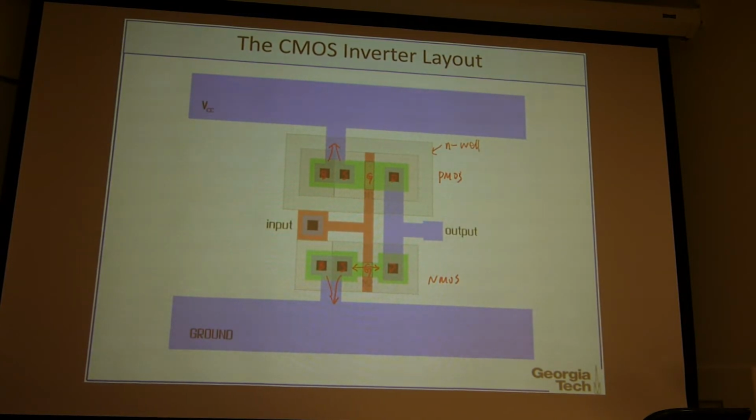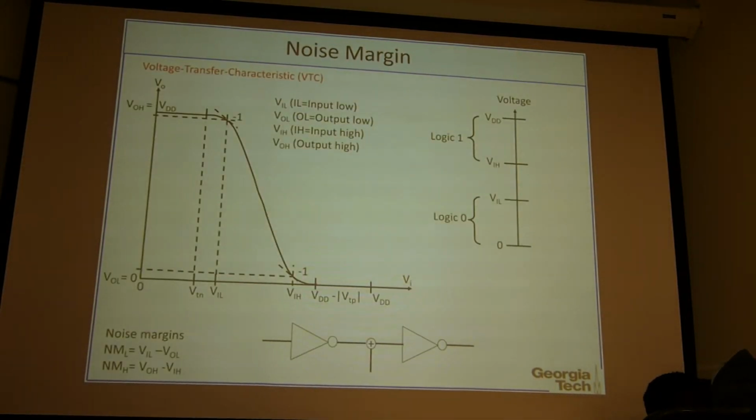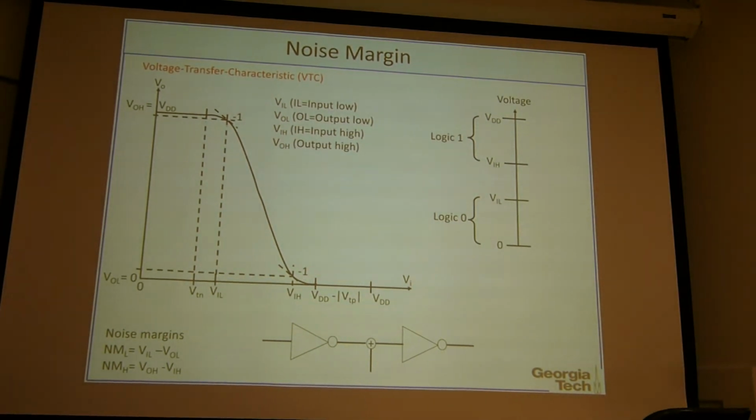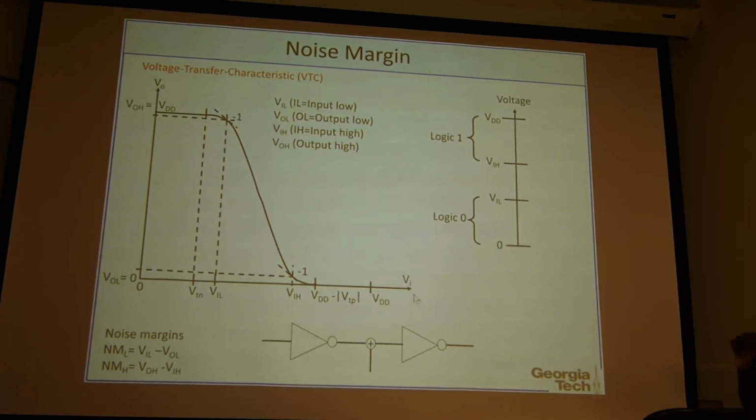All right, so this is from the top view. You look from top to the silicon. So here, let's look at the so-called voltage transfer characteristic, or sometimes we call it voltage transfer curve, VTC. Basically, it's the voltage relationship between the output voltage VO versus the input voltage VI. If you think about your inverter, input is VI, output is VO.